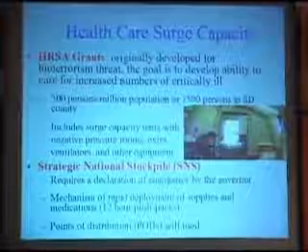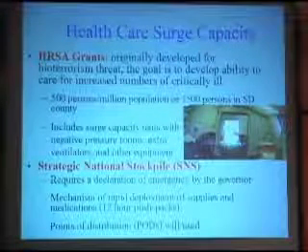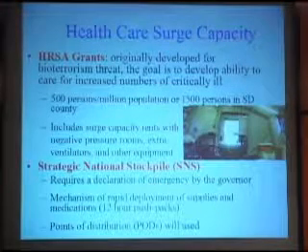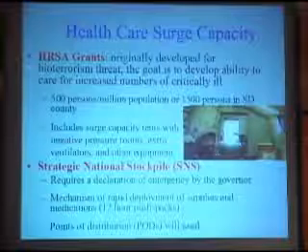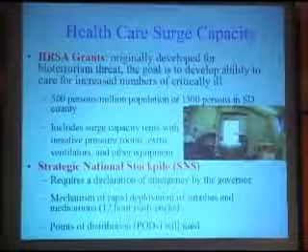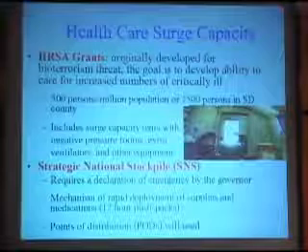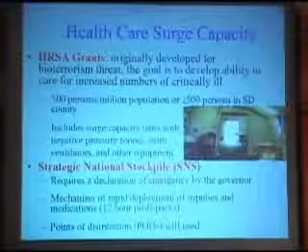The goal for the HRSA grants is to develop capacity to treat an extra 500 persons per million, or 1,500 for San Diego County. The CDC's modeling suggests that there will be probably about 3,000 to 5,000 additional hospitalizations in San Diego County for avian flu if we're in a pandemic. So this does not cover the whole need, but it's certainly a step in the right direction.